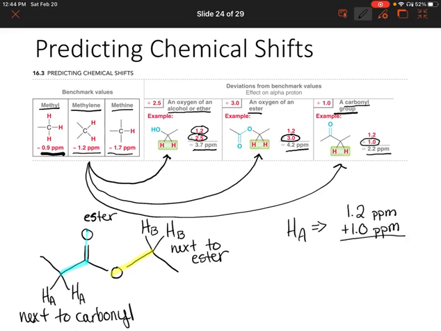So we would expect this to show up at 2.2 parts per million. So again, it's next to a carbonyl group, so we would add 1. Now, what about HB? So again, it's part of a methylene group, so normally we would expect it to show up at 1.2 parts per million, but it's next to the oxygen of an ester. So we're going to add 3.